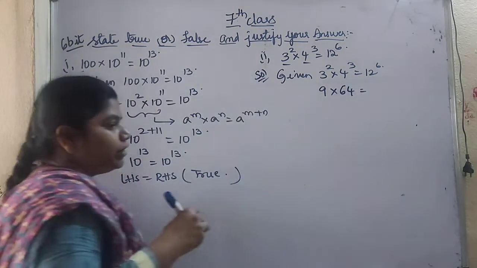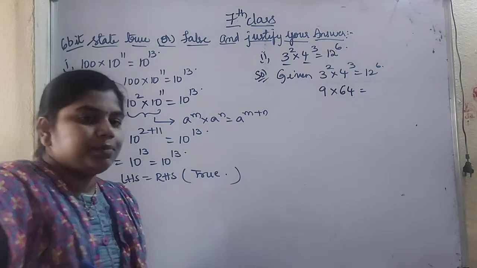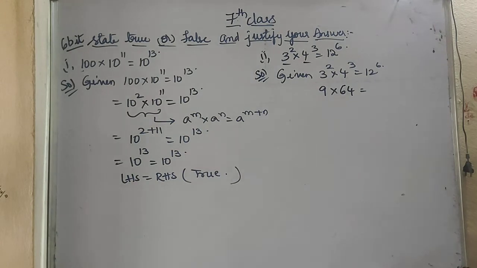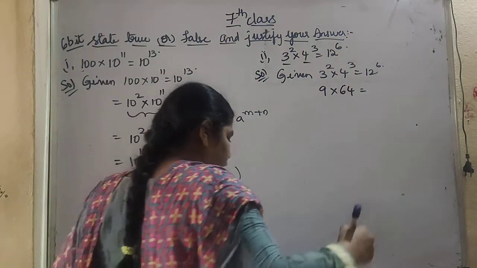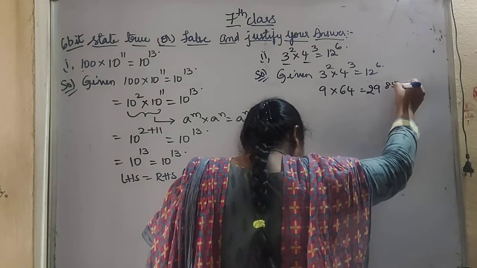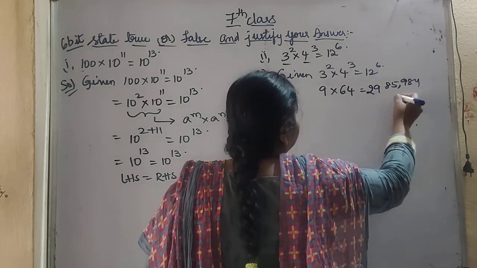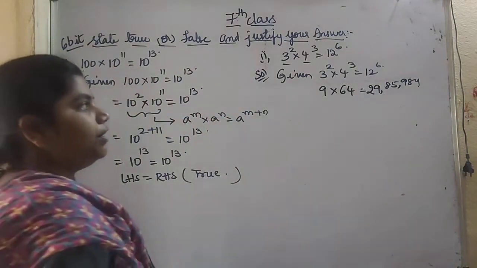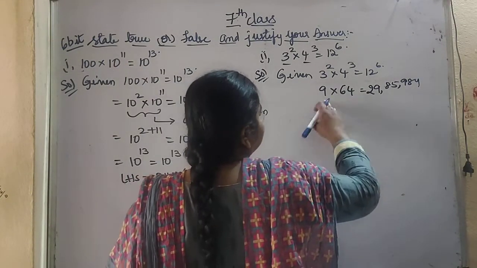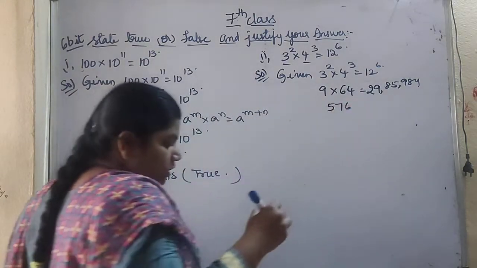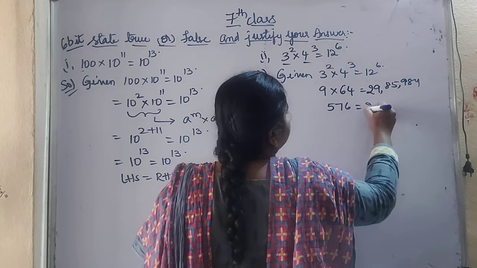If you multiply 12 six times, you will get 29,85,984. And if you multiply 64 into 9, that will be equals to 576.